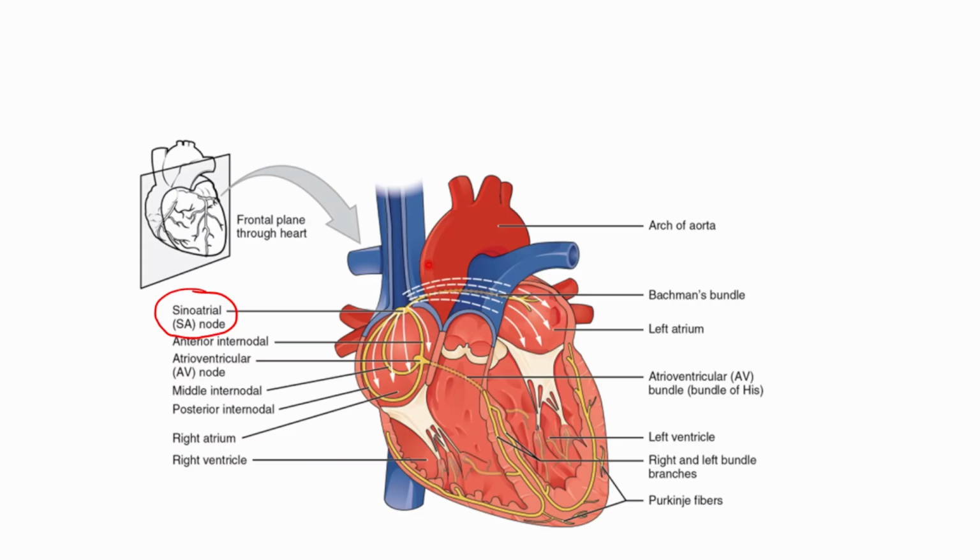So as we were saying, the impulse generated here propagates through the surrounding atrial syncytium, indicated by these white arrows. The widespread depolarization or activation causes both atria, that means left and right atria, to contract in unison.